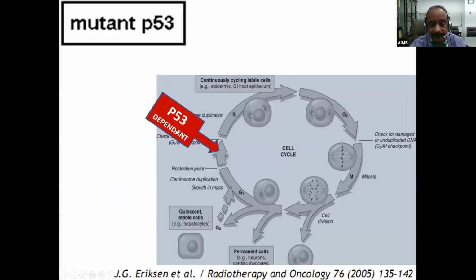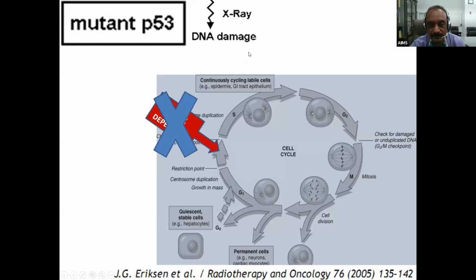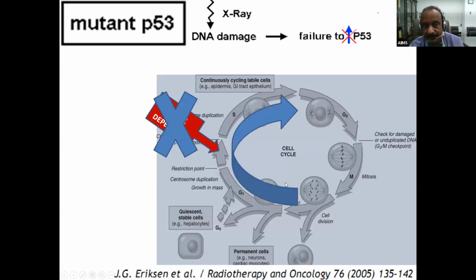While in patients who have a mutated P53 gene, what happens is that when there is DNA damage, this gene is no more functional, so there is no production of P53 protein. There will not be any cell cycle arrest. It will just move on to the next phase of the cell cycle.